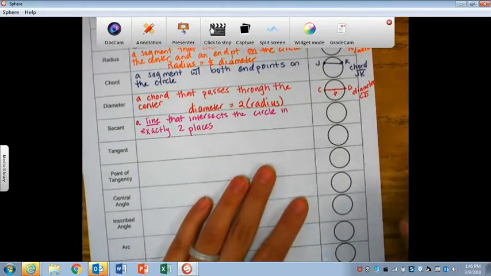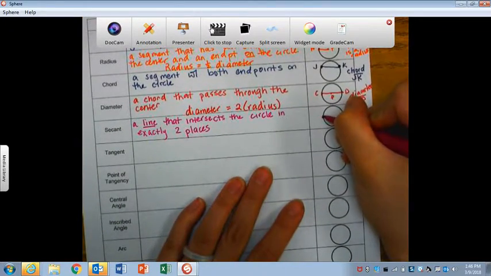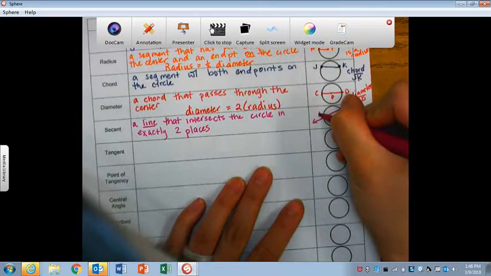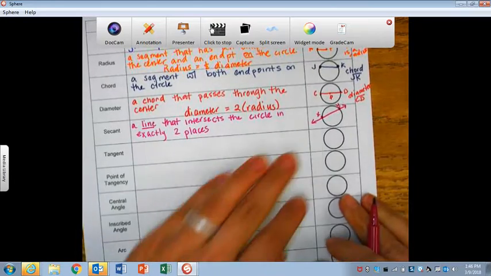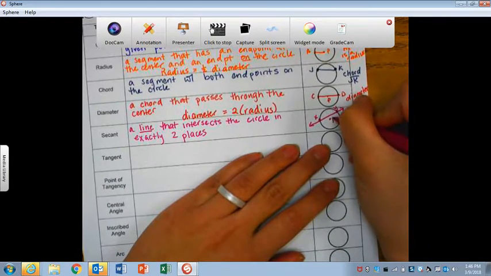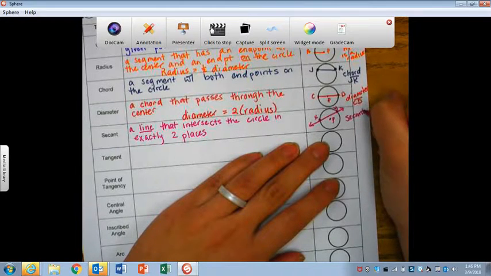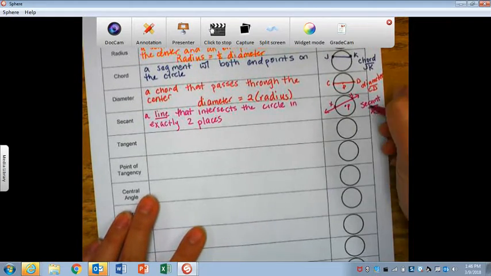It looks something like this. It's a line, so you've got arrows on both sides, and we call that X and Y. And it doesn't go through the center. So this is secant XY, and then again the arrows.